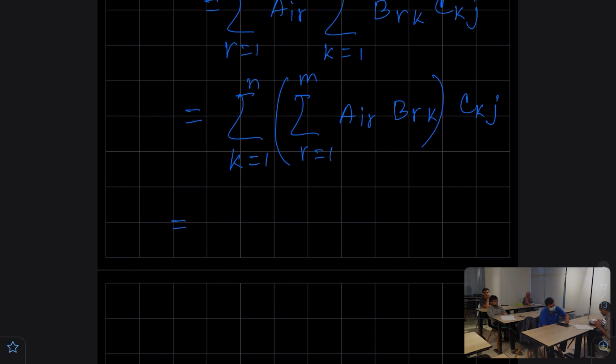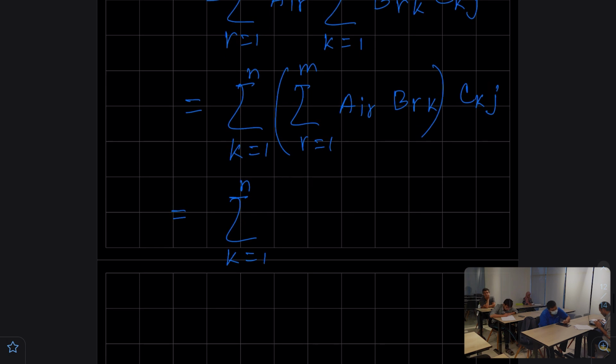So that means this is the sum over k equals 1 to n, of the (AB) entry ik with C kj. Does it make sense why I did this in this way? This is the definition, right?